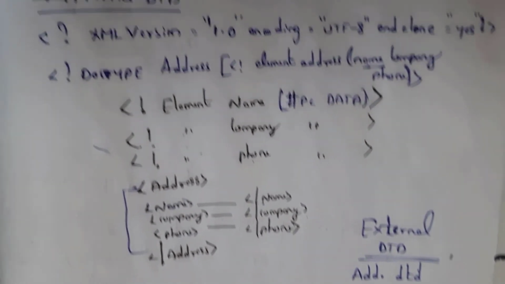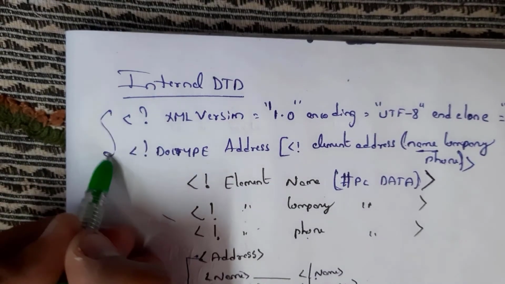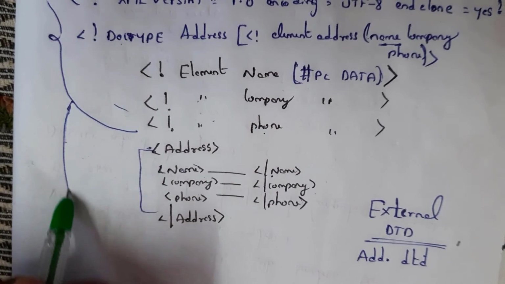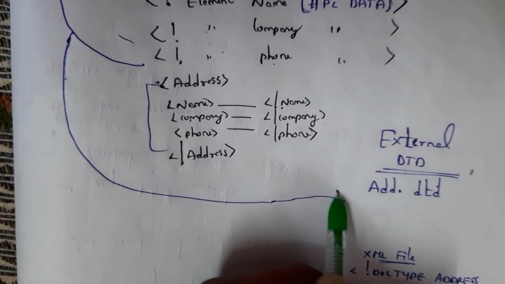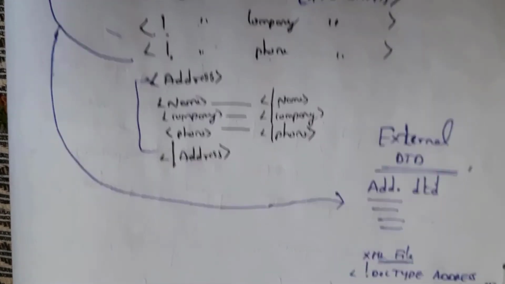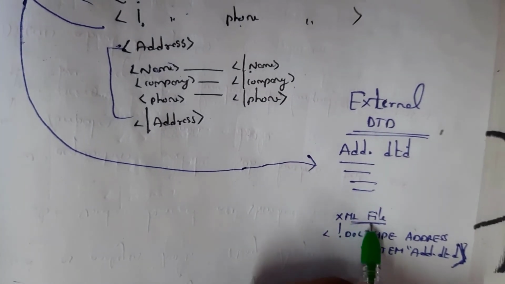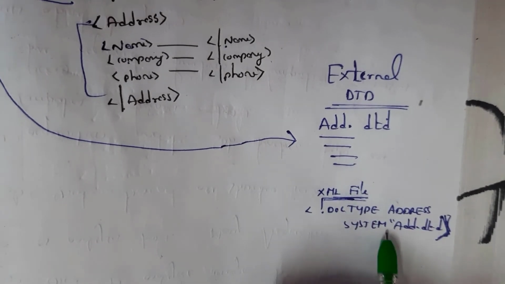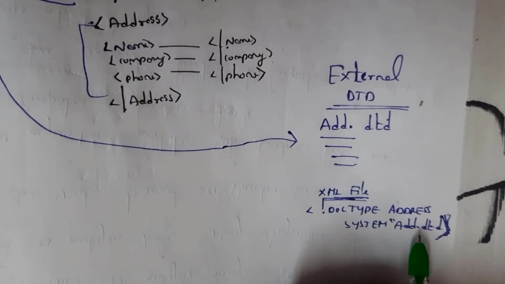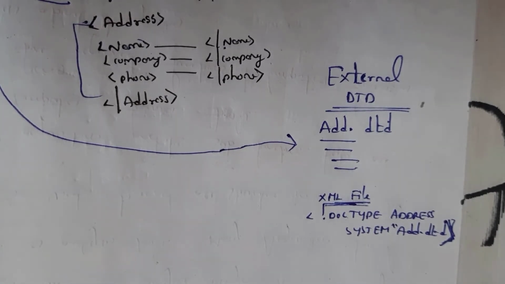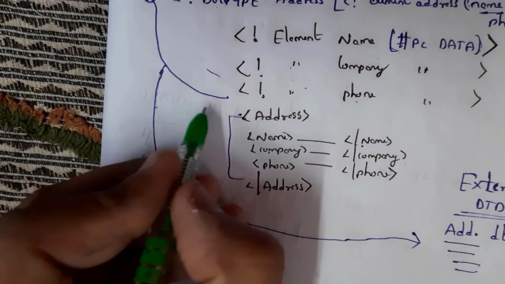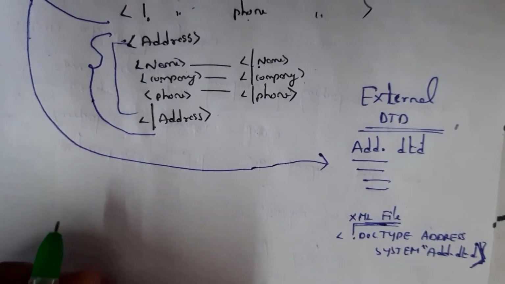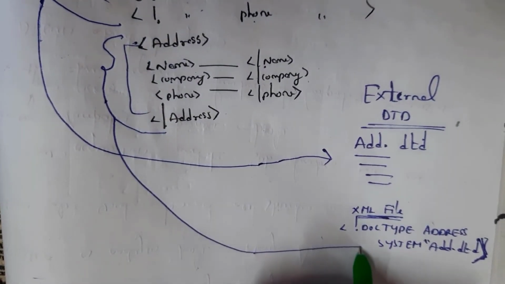See, you need to write all this here, and whereas it contains external XML file, contains document type address system, and address system name is add.dtd, and you need to write all this here.